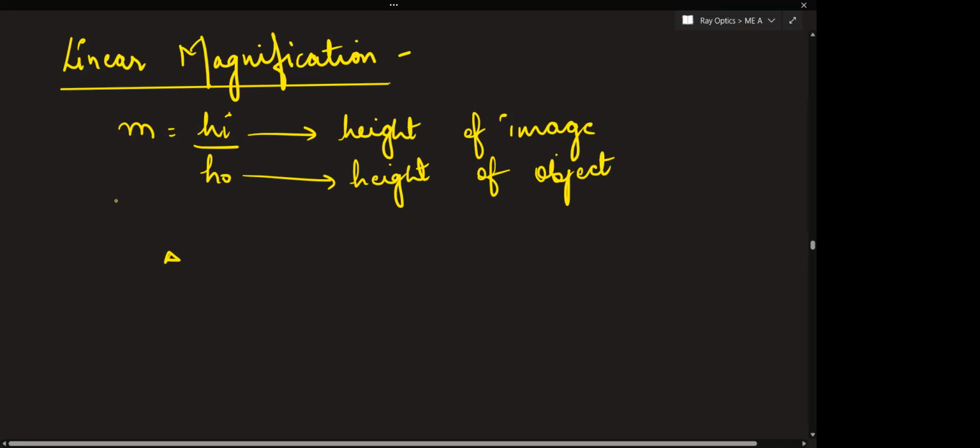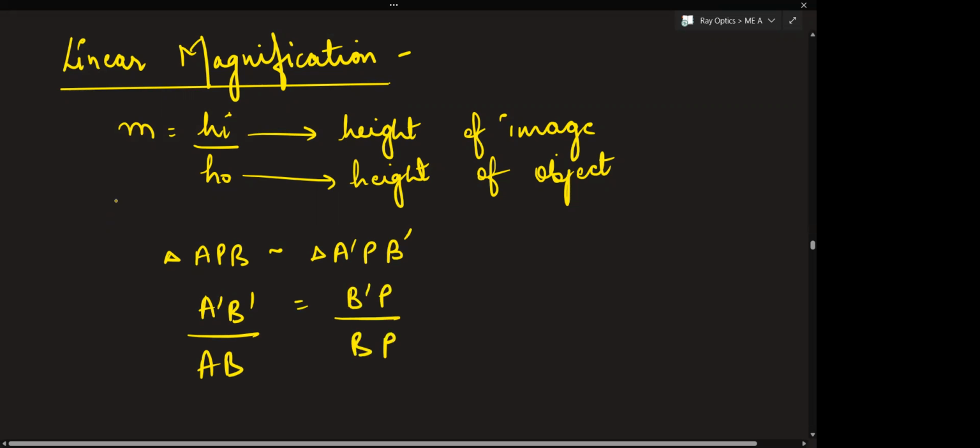Linear magnification is the ratio of height of image by height of object, and in the figure triangle APB is similar to triangle A dash PB dash, and from here you can conclude that A dash B dash by AB is equal to B dash P by BP. This was already discussed in the last class.